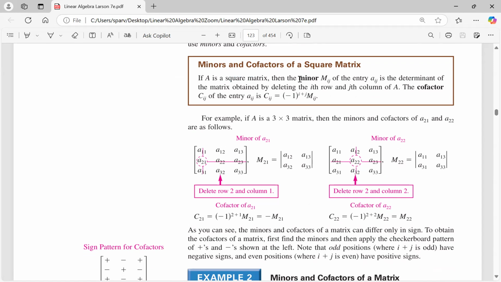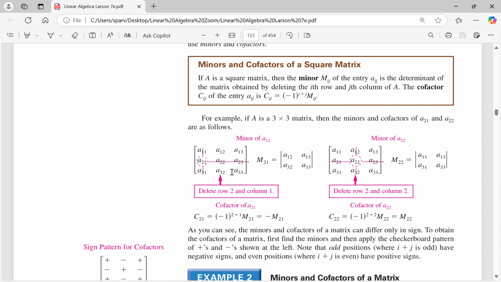The M is for minor, the minor of an element of a matrix. Remember, A sub ij is an element of the matrix. It could be first row, first column, first row, second column, or second row, third column. I have 9 elements in the matrix, so theoretically, I have 9 minors. Every element of a square matrix has its own minor.